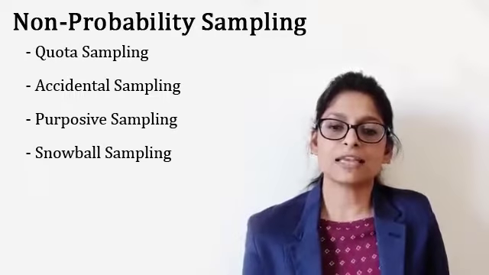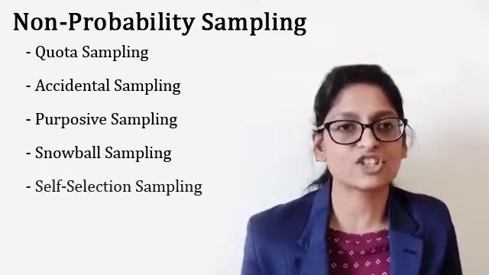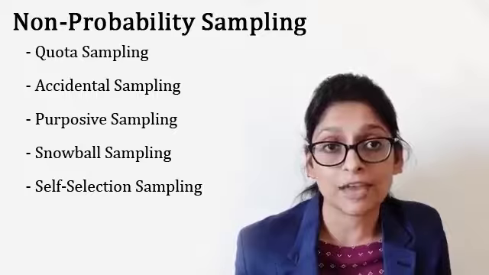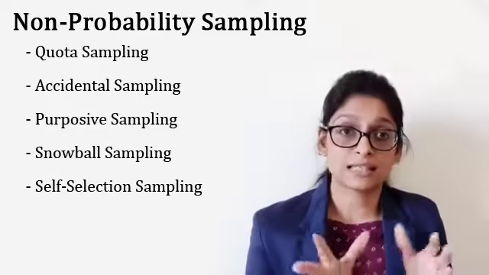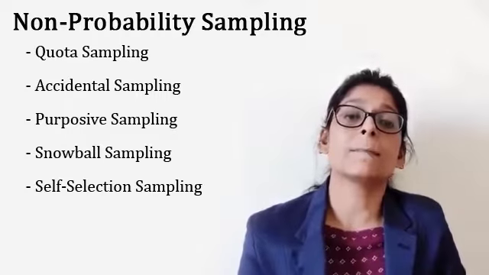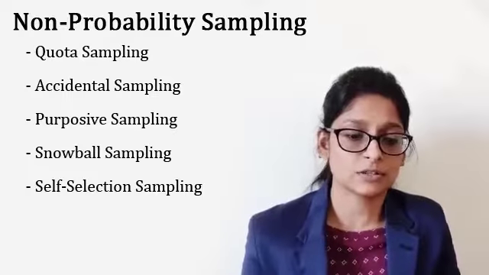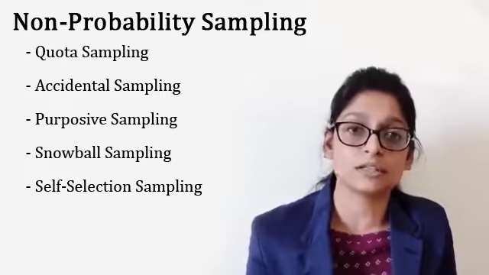And then finally, the fifth type that we have is self-selection sampling. Now here the researcher doesn't have to go anywhere. The sample comes to him. Once he has decided the research that he will be doing, he spreads the news that so and so individual is doing such kind of research and he needs volunteers.